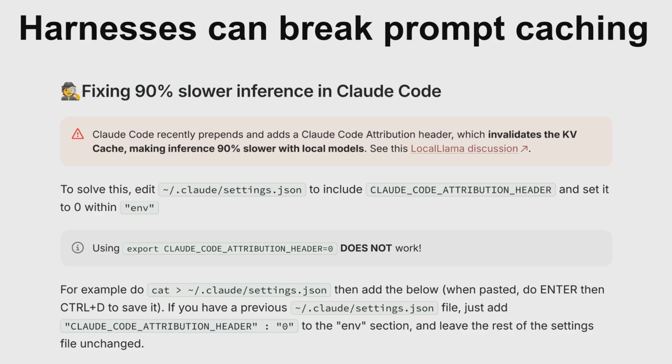And so your inference will become 90% slower. You must set export Claude Code attribution header to 0, and then this will delete that system prompt thing for open source models. There are many things you can do to make inference faster for open source models, and this is another trick you can employ.